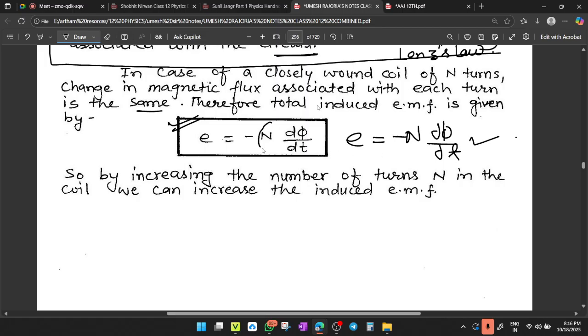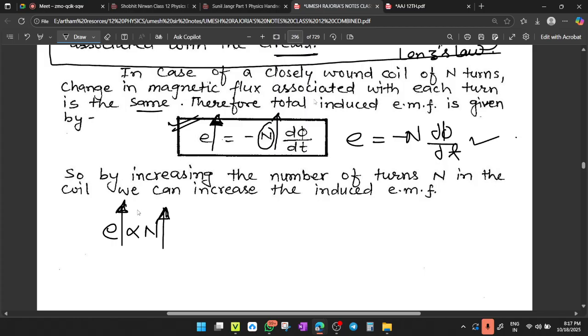If you increase the number of turns, the EMF will also increase. Yes or no? Because E is directly proportional to N. So if you increase the number of turns in a coil, the EMF will increase significantly. Clear? And the same concept is carried out in the case of a transformer. Only one magic is there in the transformer, that they are varying the number of turns.